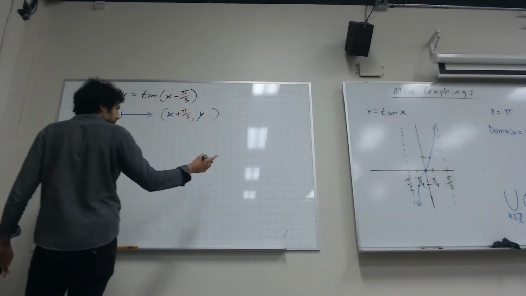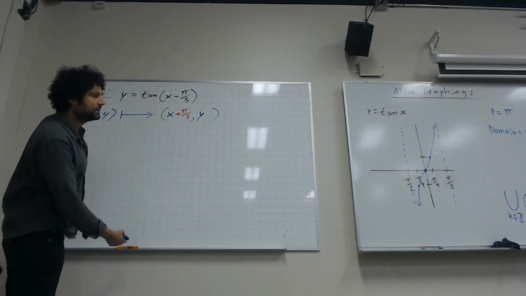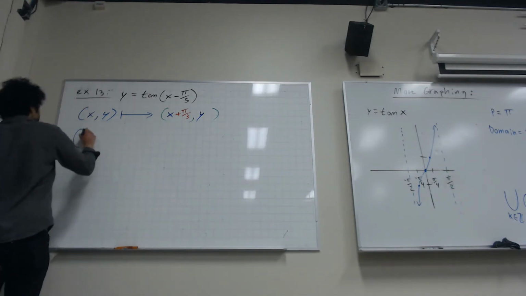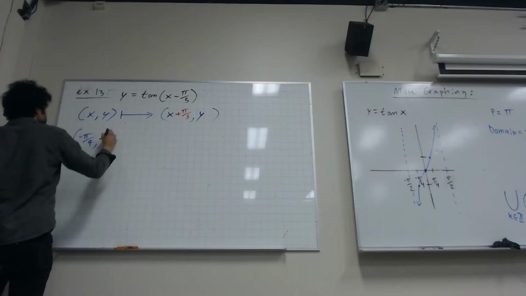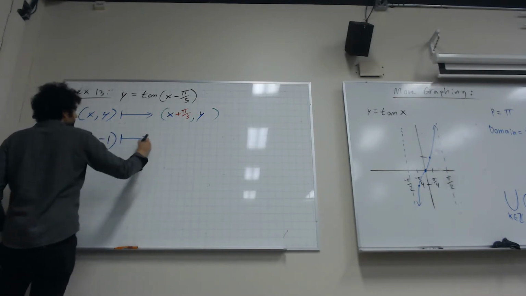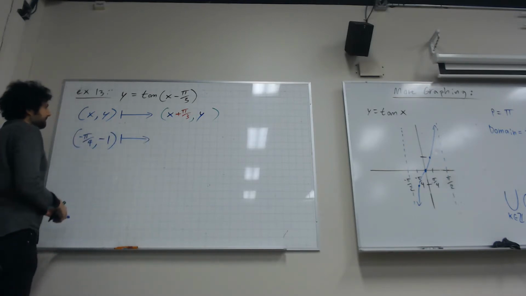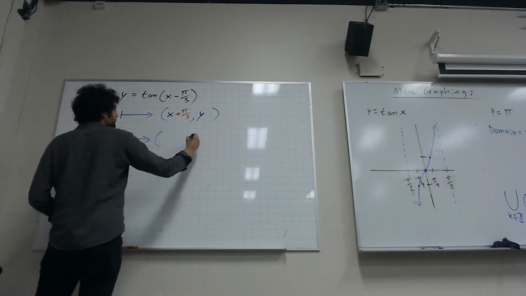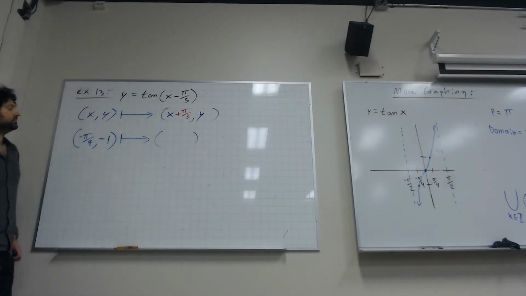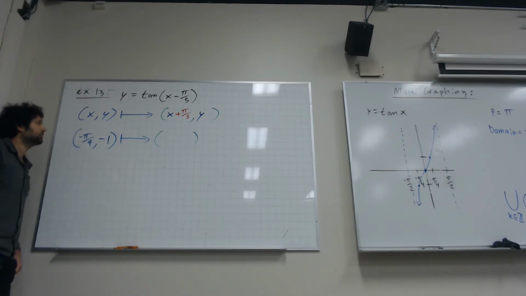So let's start with the points though. You have negative pi over 4, negative 1. Where is it going to go? What's negative pi over 4 plus pi over 3?